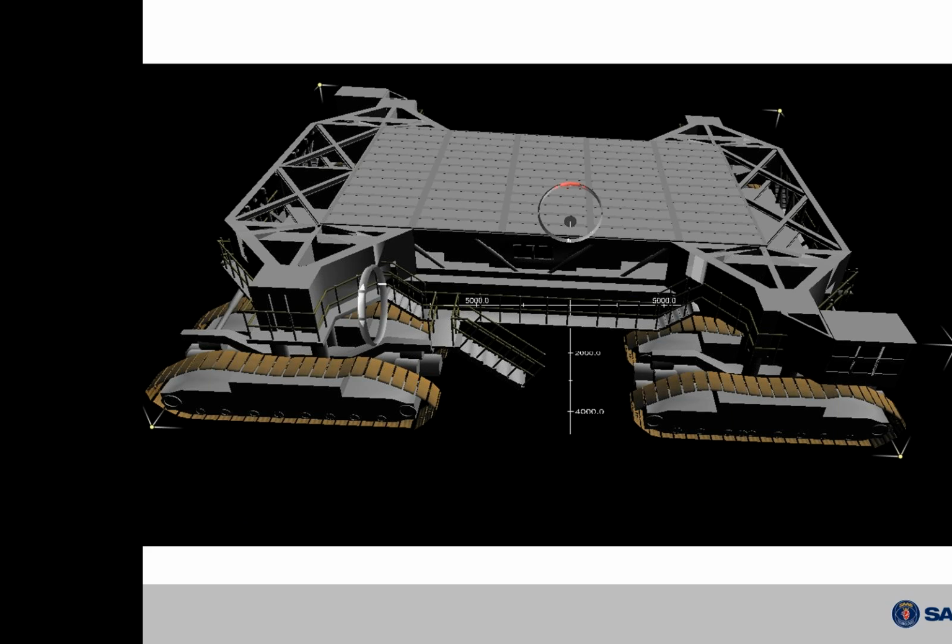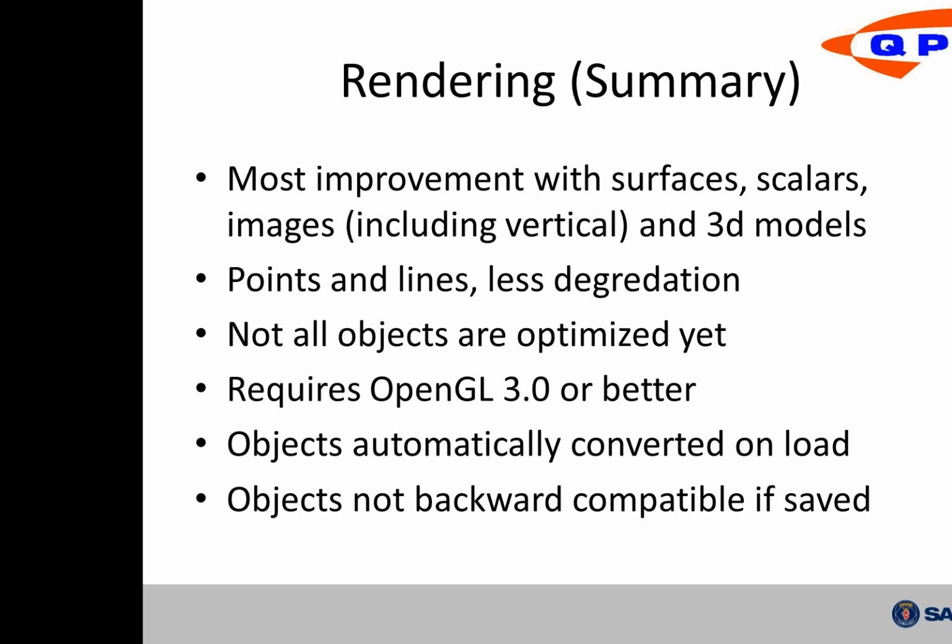And for any reasonably sized models, at this point, we've had difficulty on just some common hardware finding 3D models that have any degradation. So that's a big improvement for bringing in 3D models and having that interact within your scene. So to do a summary of the rendering, most of the improvements are with surfaces, scalars, and images.